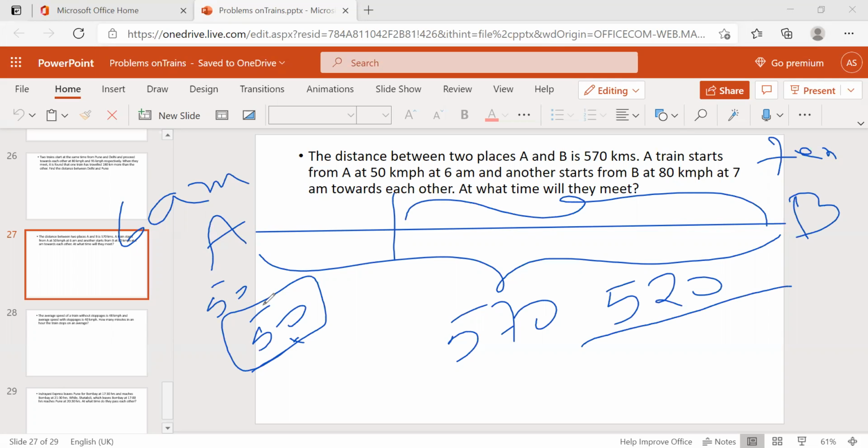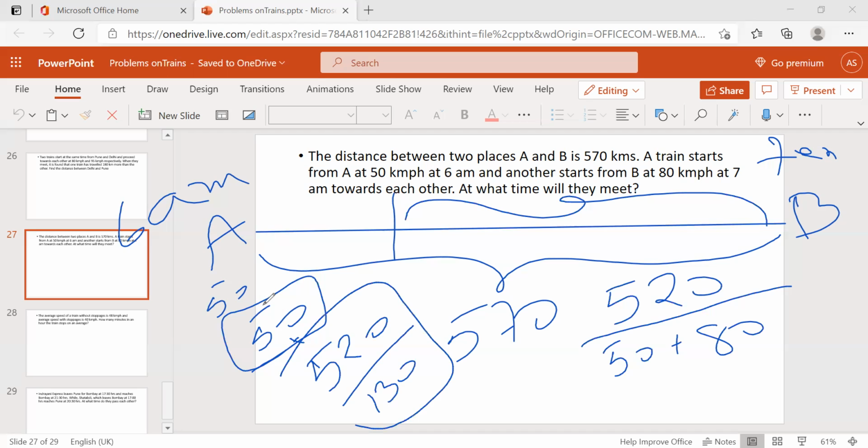The first train speed is 50, and the second train is 80. So it is 520 by 130.